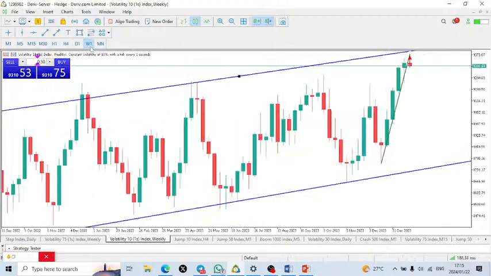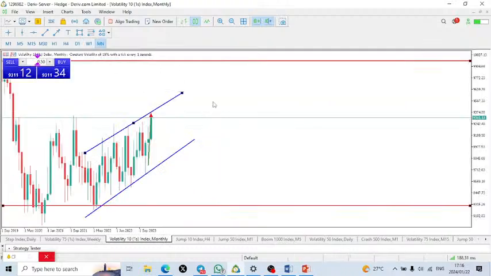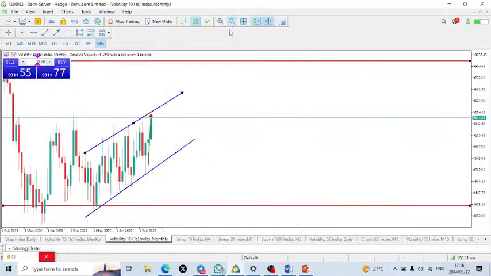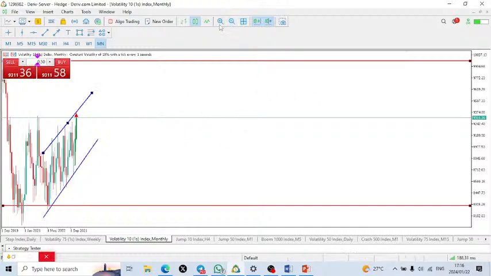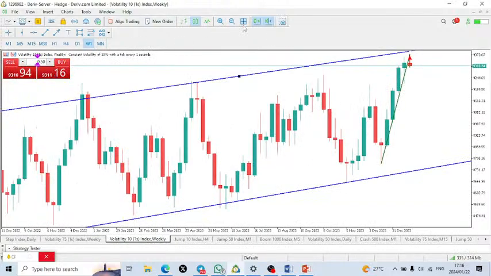On Volatility 10, let me go to the monthly. We have a bullish channel here. Let's go to the weekly.